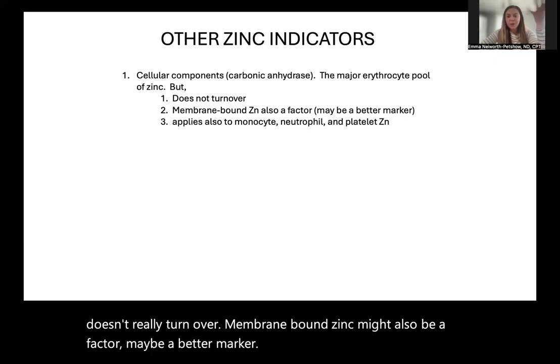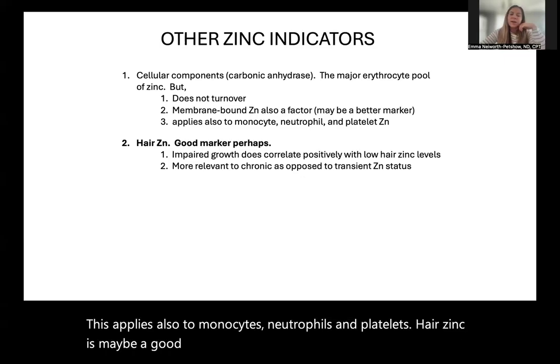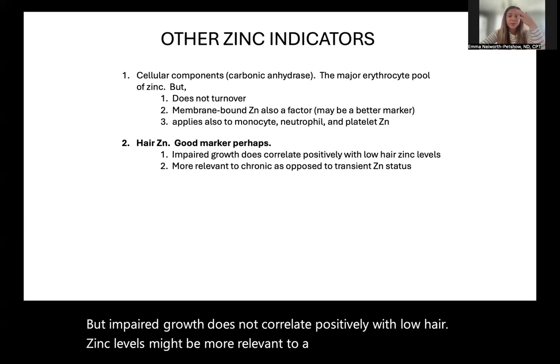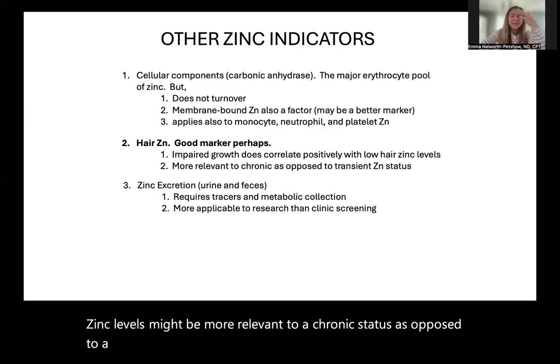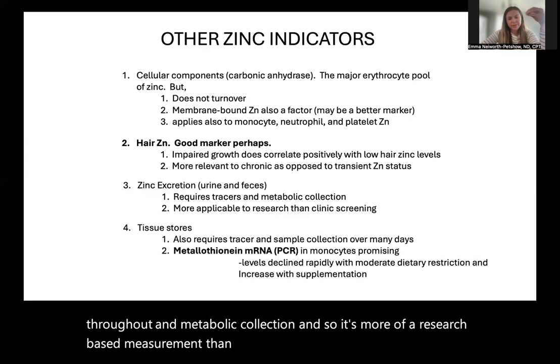This applies also to monocytes, neutrophils, and platelets. Hair zinc is maybe a good marker. But impaired growth does not correlate positively with low hair zinc levels, might be more relevant to a chronic status as opposed to a transient zinc status. And then zinc excretion requires tracers throughout and metabolic collection. And so it's more of a research-based measurement than a clinical screening.